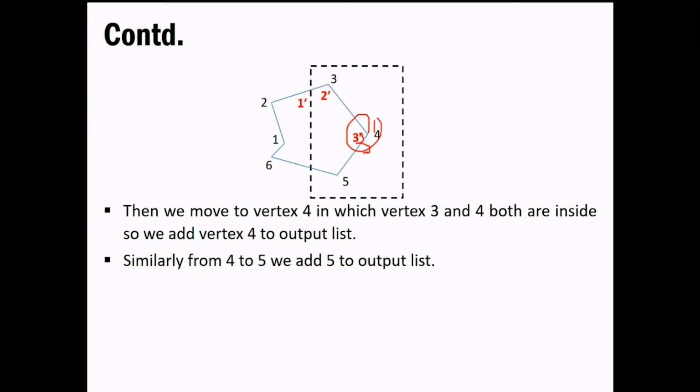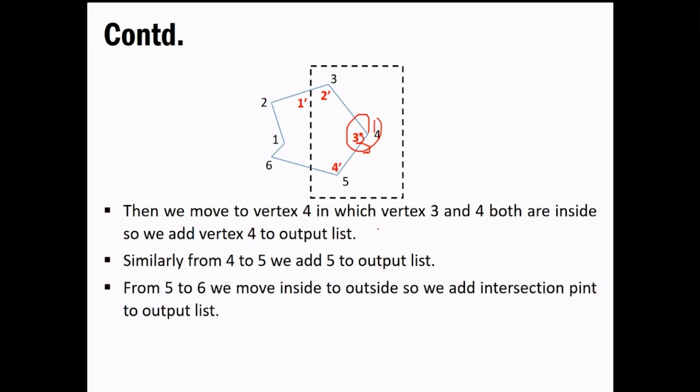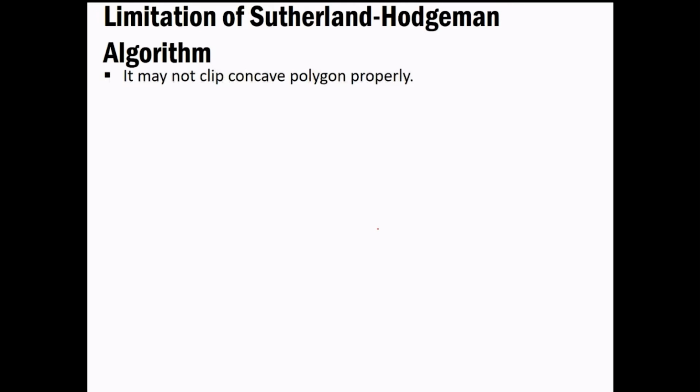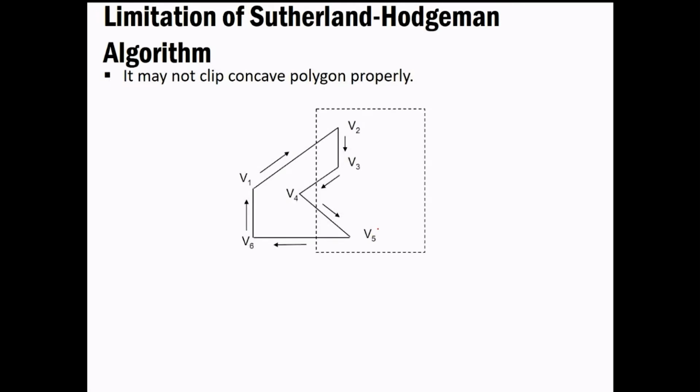These are the things that we have in polygon clipping, and I'm not going to repeat this because we have already seen it. But one problem that we were facing in the Sutherland-Hodgman algorithm is that it may not be able to clip a concave polygon properly.